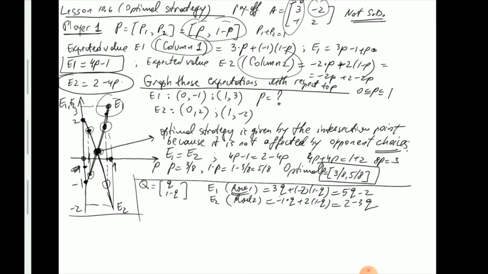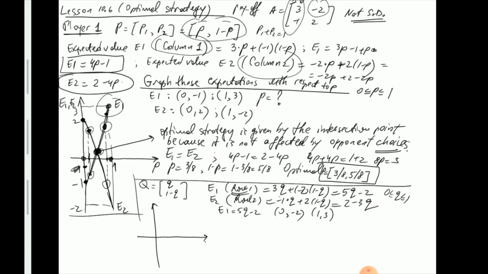Again, if you plot the situation, it's going to be very similar. So let's see if I can do it here. So E1 equals 5q minus 2. Let's plug in 2 points here. So q equals 0, that gives me minus 2. And if q equals 1, because it has to be between 0 and 1, as with any probability, the expectation E1 is equal to 3.